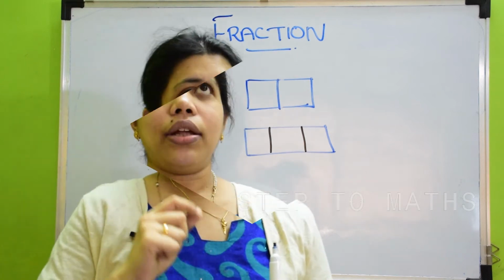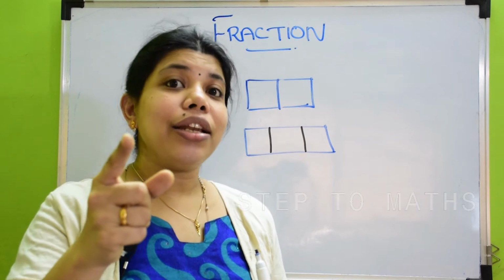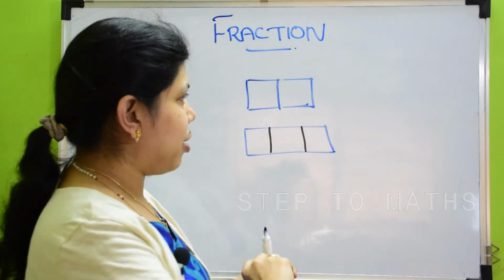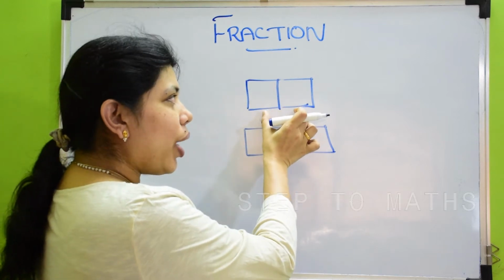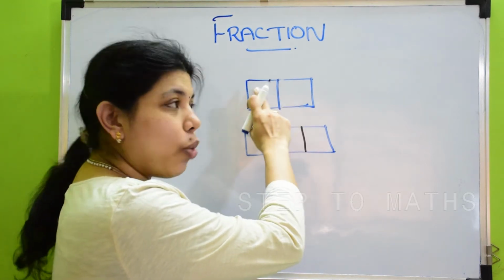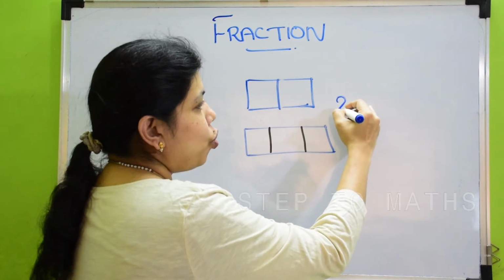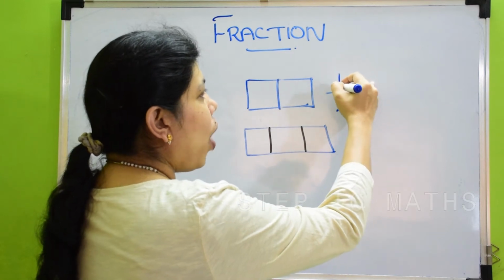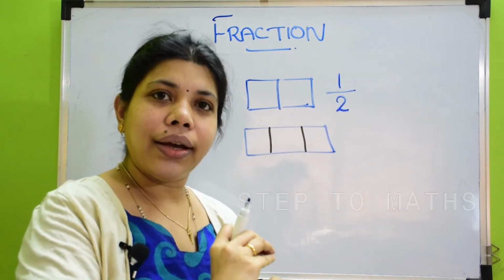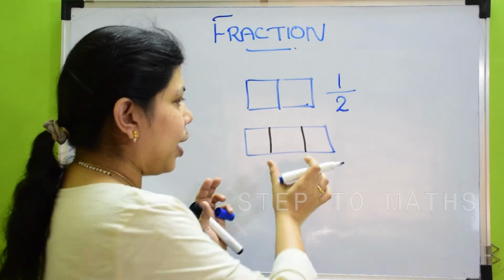You cut that pastry into three equal pieces. Now, how can we represent this in the form of maths, in the form of numbers? One chocolate cut into two equal pieces. From that, one piece you take and the other piece you give to your friend or brother.